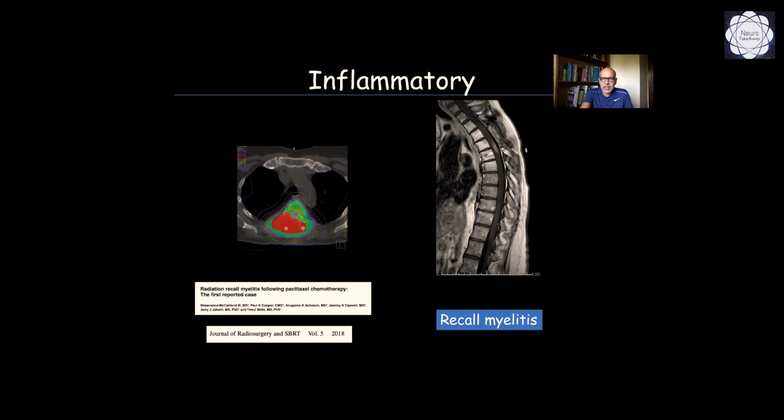Recall myelitis is the presence of a lesion of myelitis, in this case with enhancement, adjacent to vertebral changes of irradiation of the spine many years after this treatment, that occurs associated with the treatment with some drugs such as paclitaxel, as in this case, or again, checkpoint inhibitors.